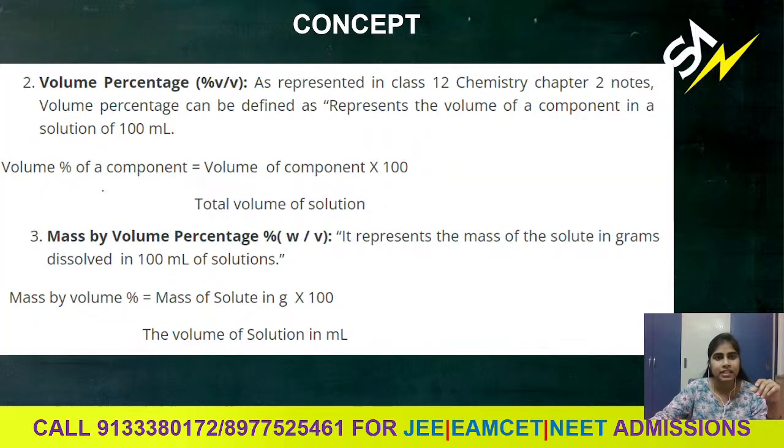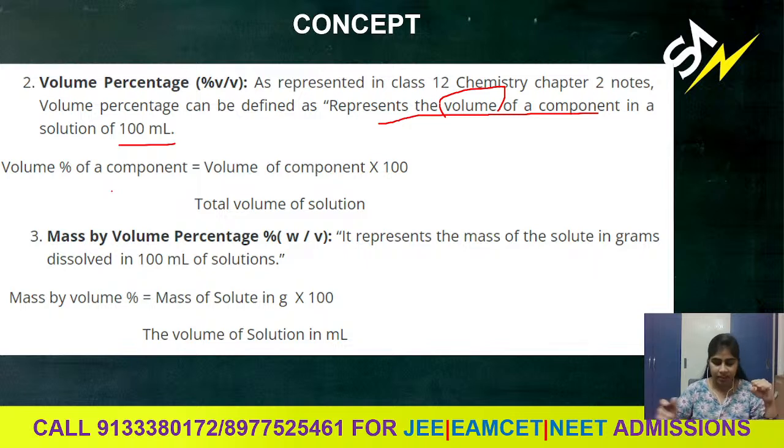And next, volume percentage. Similar to the mass percentage, we can also calculate the volume percentage. It represents the volume of the component in a solution of 100 ml. The main term here is the volume of the component in 100 ml of solution.